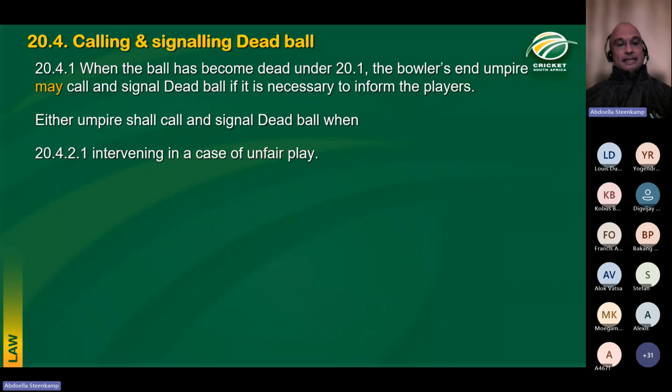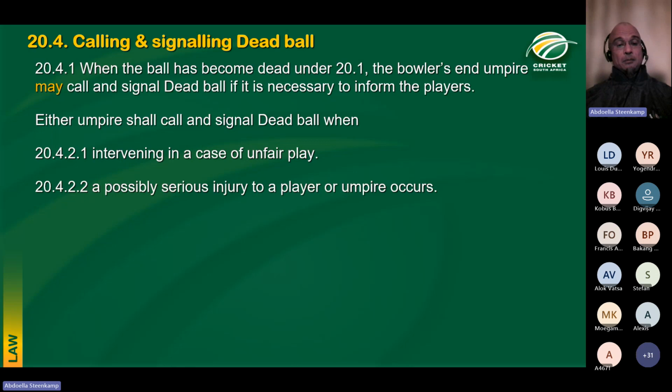If either umpire needs to intervene in a case of unfair play, the umpire then needs to verbally, loudly call and signal dead ball, and then intervene and discuss it with his or her colleague. But the point I'm trying to make is call and signal dead ball. You'll then go investigate the case of unfair play.